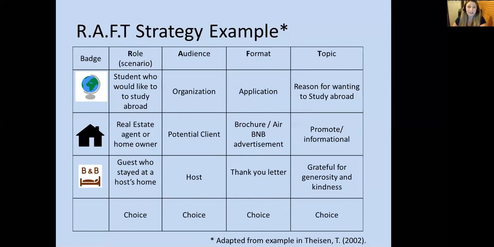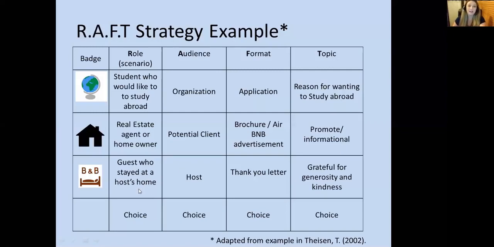After students use the scenarios that are provided, it would be nice to see them venture out and create their own scenarios. So again, there's the real estate agent and a potential client. They could be creating a brochure or an advertisement, and the topic is to promote or it's informational.